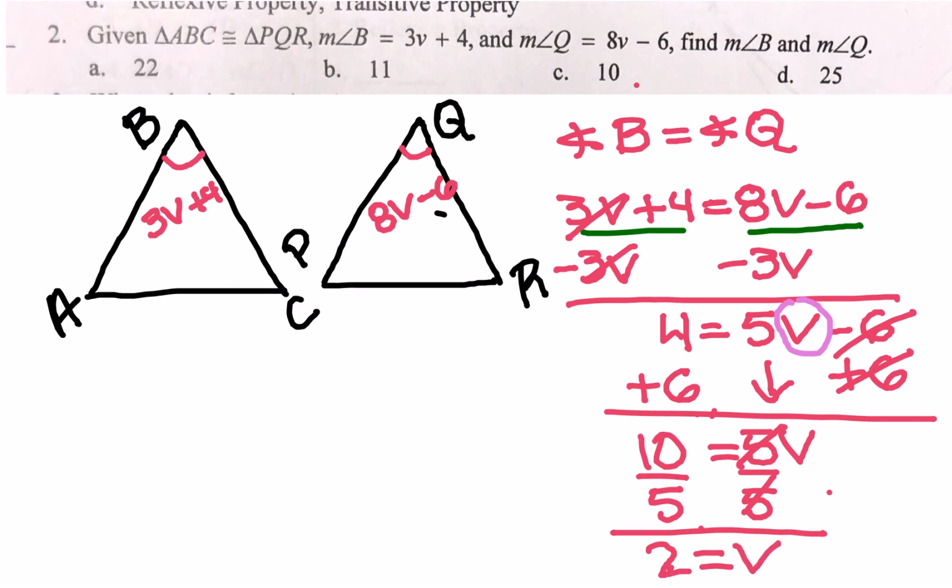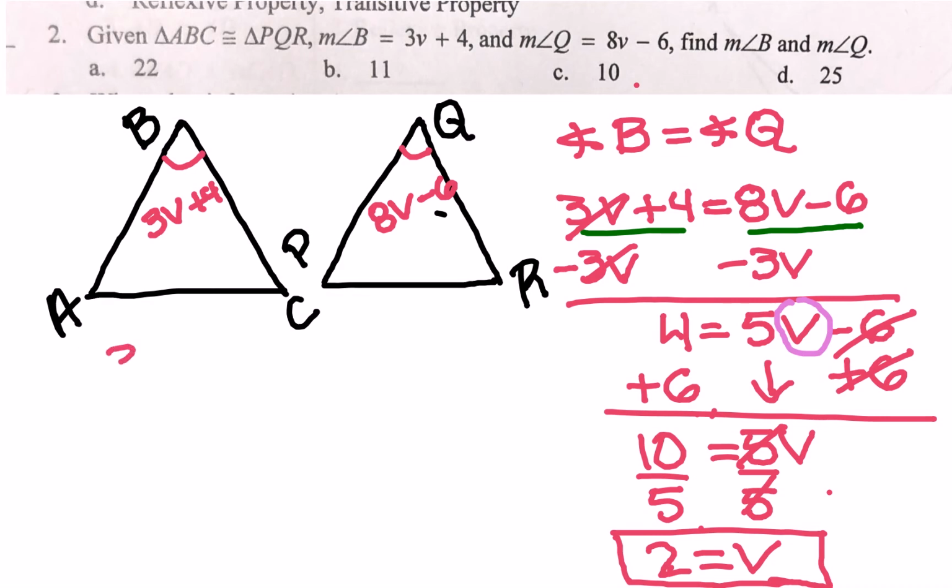Now, am I done with this? No, I have to go back and plug it in because they want me to give them the value for angle B and angle Q. So I have to plug it in any of those two, because since they are congruent, if I just multiply on any of them, I will get the same answer.